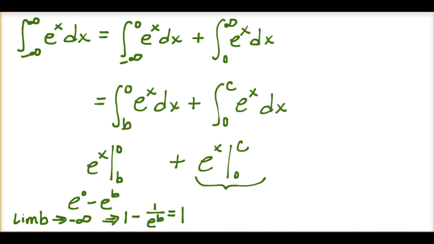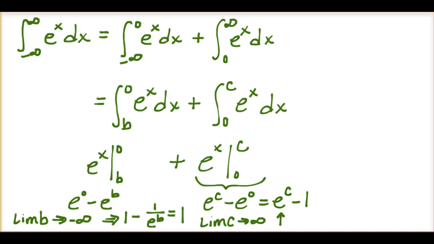On this one here, I'm going to get e to the c minus e to the 0. And then I'm going to have to take a limit as c approaches infinity. And as c approaches infinity right here, that's going to also approach infinity.